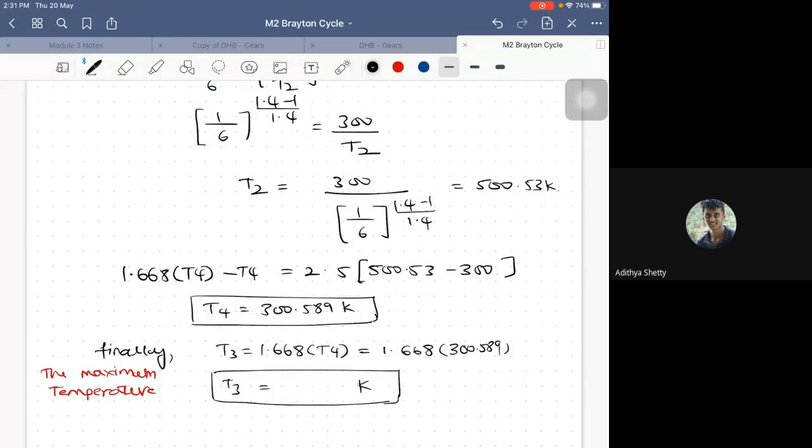How much time do you need to give T3? Sir, 501.382. T3? Yes, sir. Only this much is the value, maximum temperature.